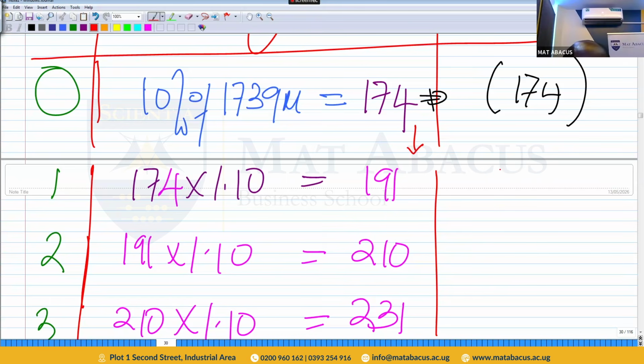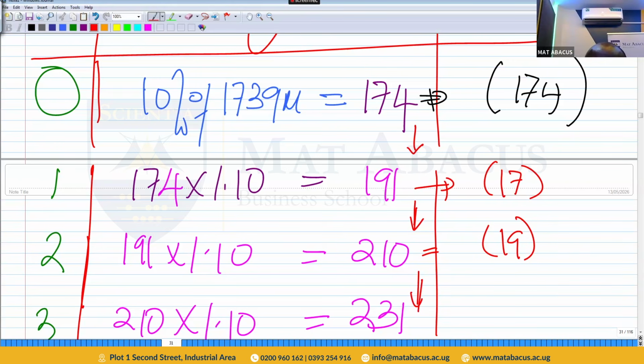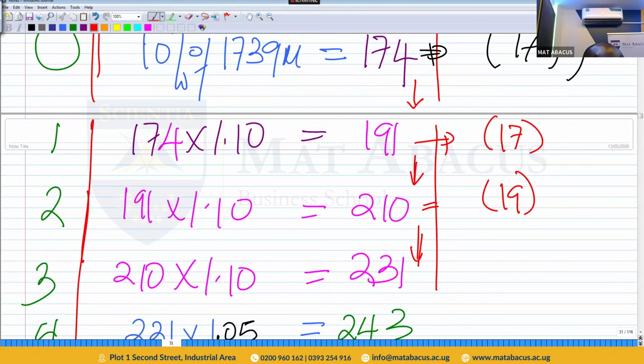That means there's an increase of 17. And working capital continues to increase. You have to inject 19, the difference of 210 minus that, and the process continues. When you move from 210, it increases to 231. That means you inject 21.